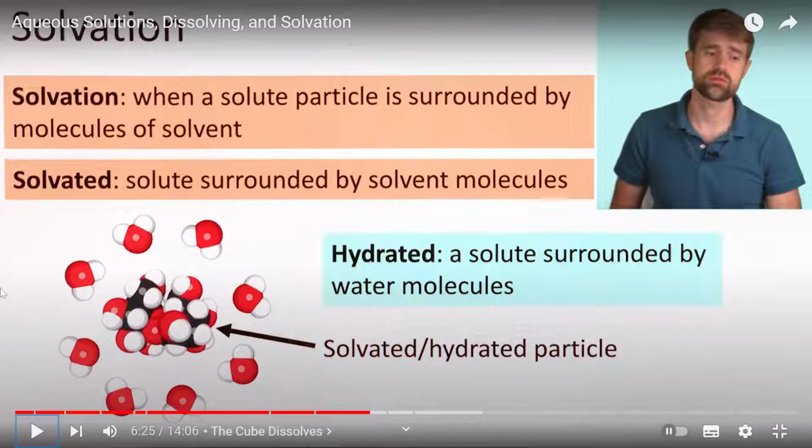And if the solvent is water, we can go one step more than saying the solute is solvated. We can say it is hydrated. Hydro refers to water, okay? So it is hydrated.